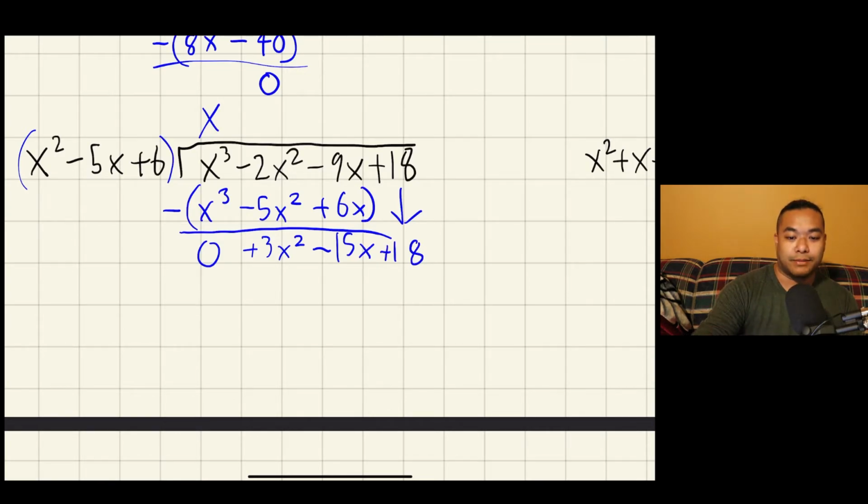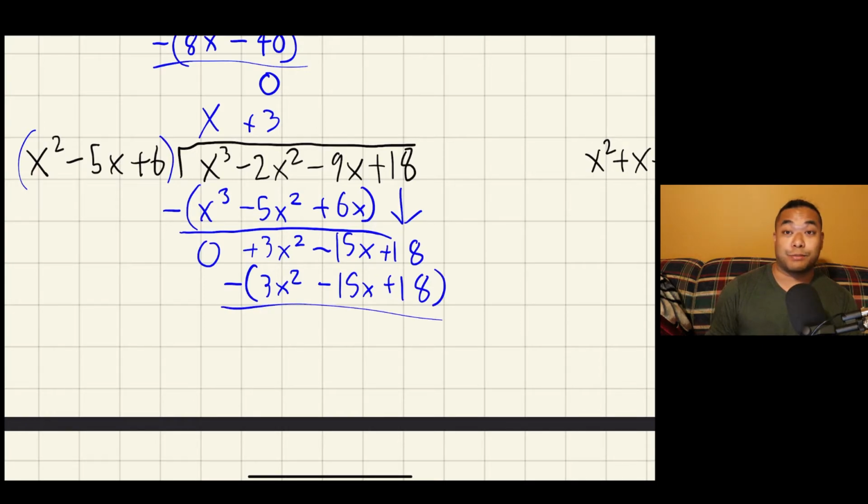And how many times does x squared go into 3x squared? Well, that's just going to be plus 3. So 3 times x squared is 3x squared, 3 times negative 5x is minus 15x, and 3 times 6 is 18. Subtract this entire thing.